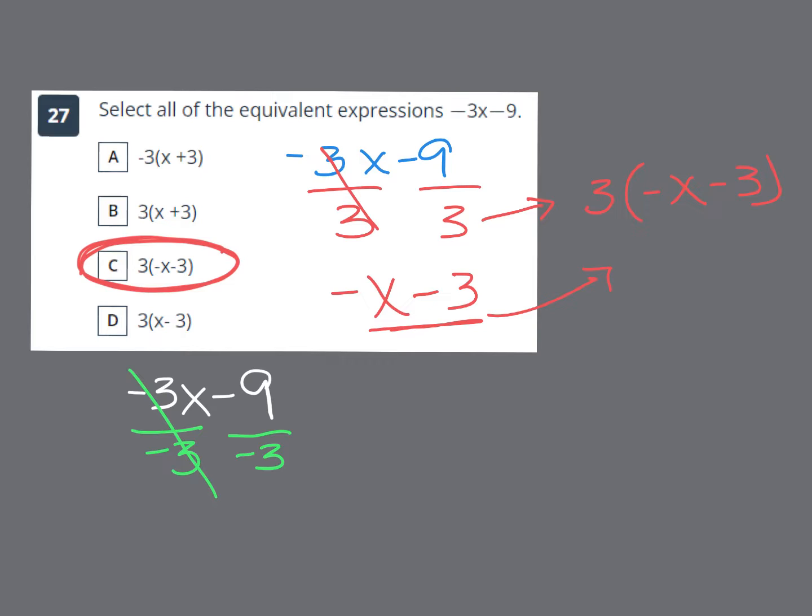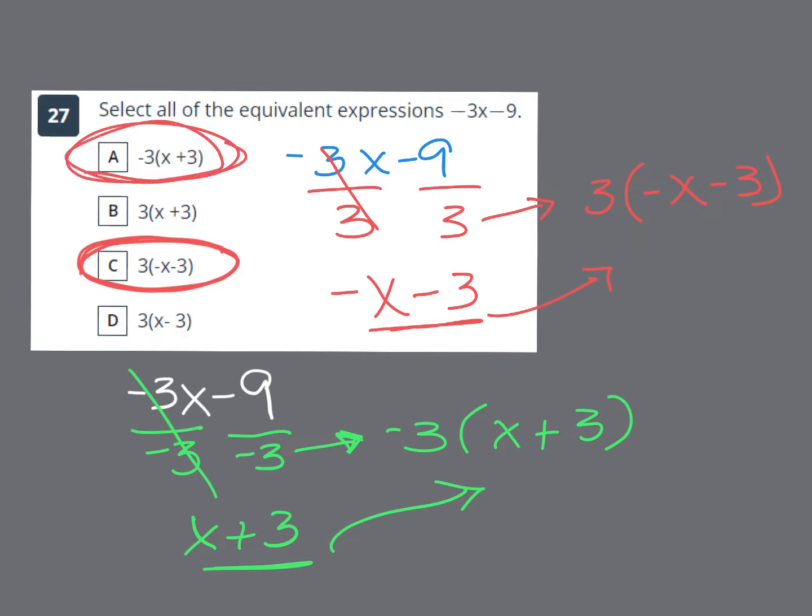Or I can just think about negative 3 divided by negative 3 is 1. I'm left with x. And then negative 9, negative divided by a negative is a positive. Then 9 divided by 3 is, of course, 3. So here we go. Negative 3 on the outside, my gazinta. And then on the inside of the parentheses, I've got x plus 3. Do I have negative 3 times the quantity of x plus 3? Sure do. There it is. Those are my two answers. Nice job.